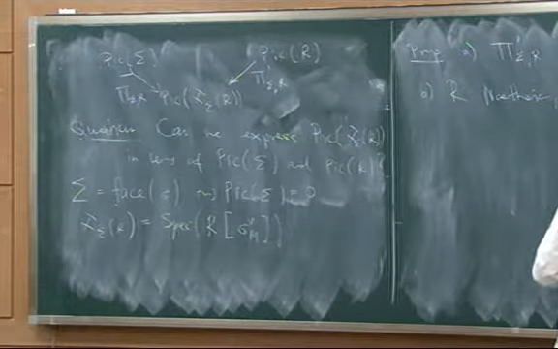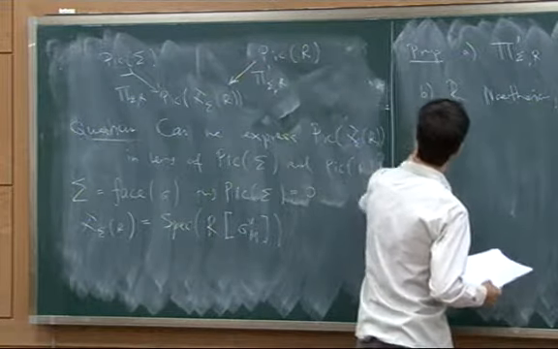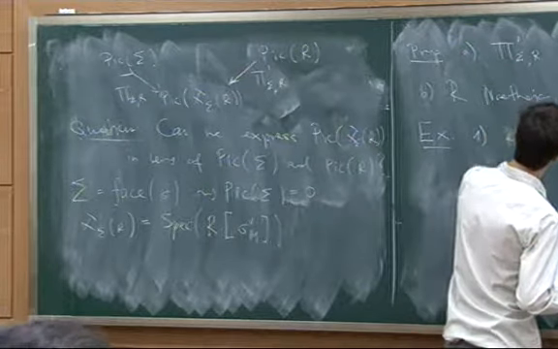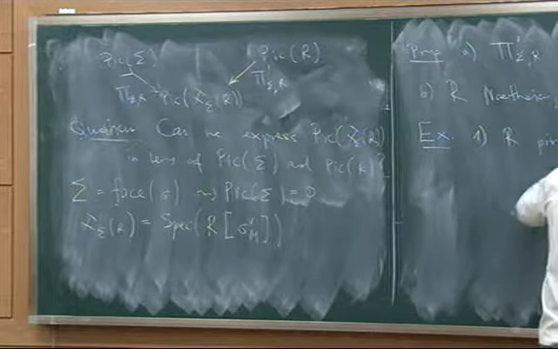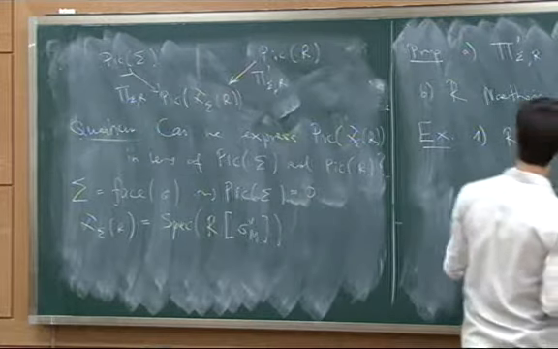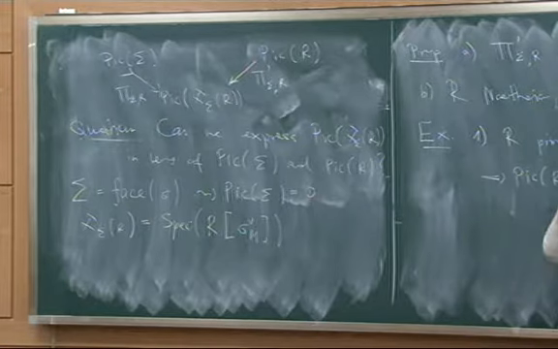So, in the last seconds, I will present these two examples. The first one: if our ring is principal, so you can take the integers, the Picard group vanishes.